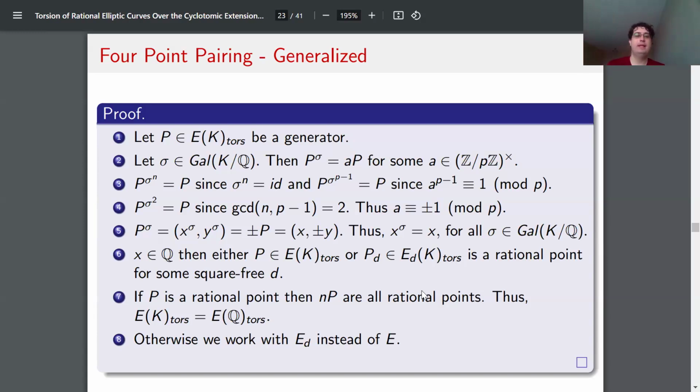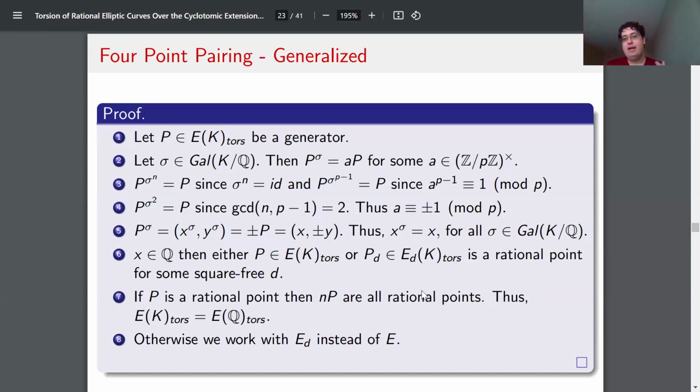And by using the Euclidean algorithm, I can show that due to the GCD assumption, if I apply sigma twice, then I get the same point, which means that acting on P takes P to itself or minus P. Either way, it means that the x coordinate of P is always fixed by any Galois action, so it must be rational. And again, y squared is rational because of the equation y squared equals x cubed plus x plus b.